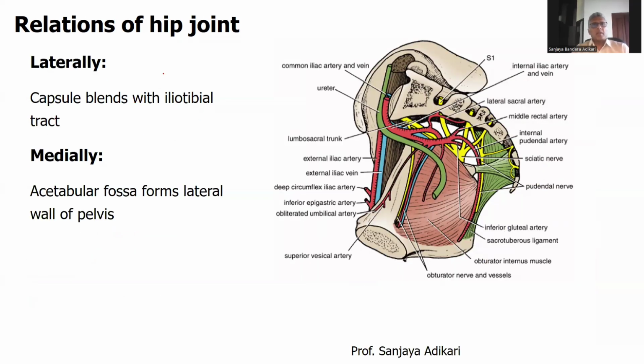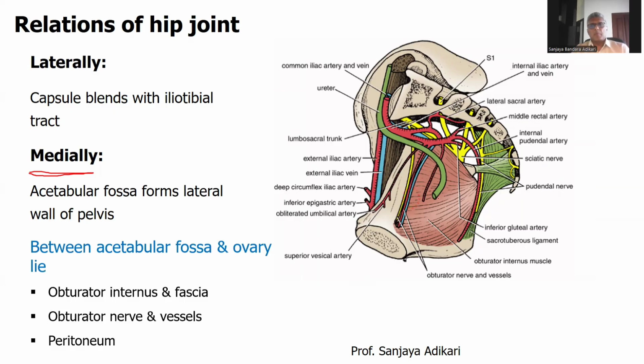Then laterally and medially also. One important thing when it comes to the medial relations of the hip joint, not to forget, is that you have the pelvic cavity on the medial side. Your ovary lies somewhere here in this red circle, and therefore the obturator vessels and nerves are sandwiched between the ovary in a female here, and outside you have the acetabulum, the hip joint.